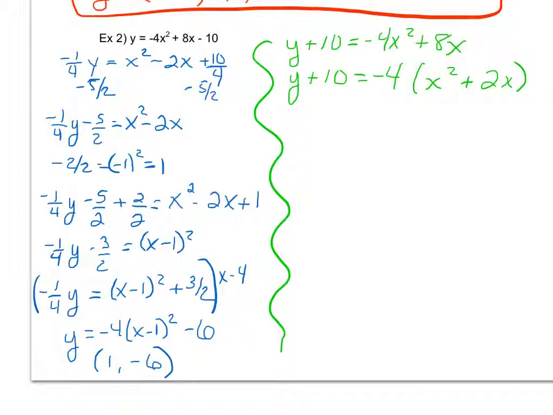So notice I'm not necessarily factoring out my GCF, just my coefficient. Now my linear term is 2x, so I'm going to do 2 divided by 2 is 1. I square that and I get 1. Notice that that means when I add that to this side, I'm going to add it inside of the parentheses because it's that stuff, the x squared and the 2x in the parentheses, that I want to be able to factor.